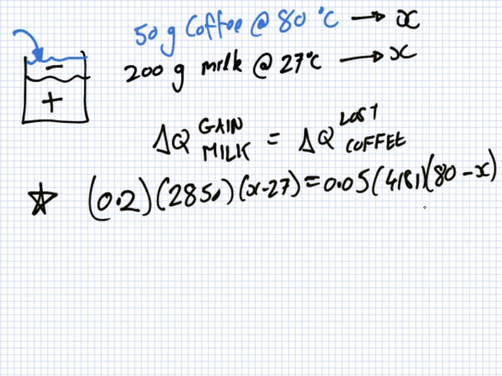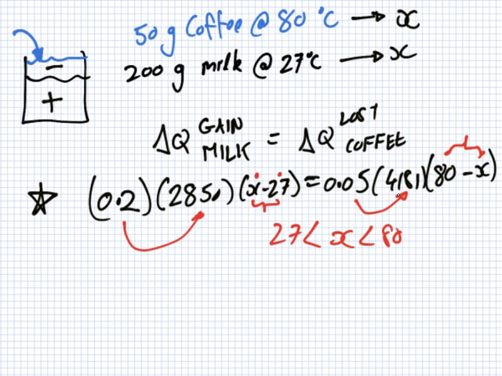In other words, I don't want to have negative numbers here. So here the X is somewhere between 27 and 80. So I need to write the X before the 27, so this can be a positive. But here I need to write the X after the 80, so that this can be still a positive as well. Okay, I want everybody to solve this. You might want to multiply this first and multiply this first. Okay, so see what you get here when you try to solve this.